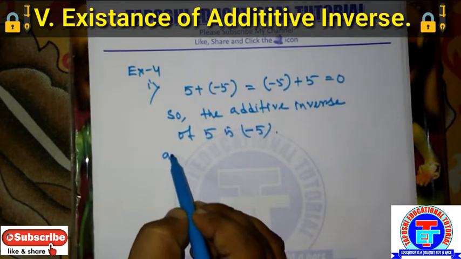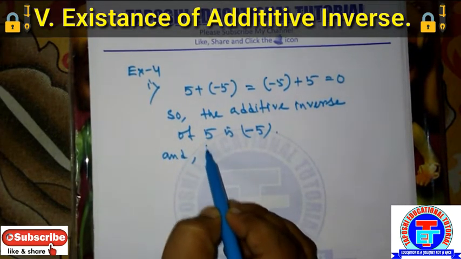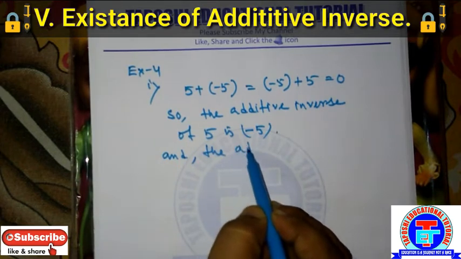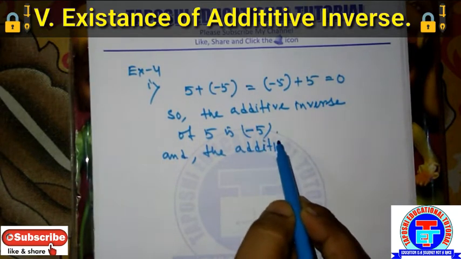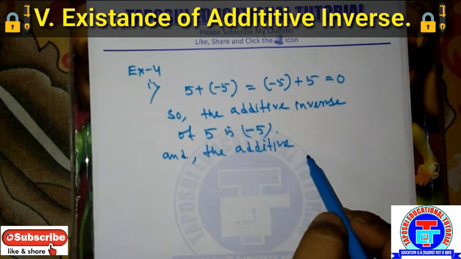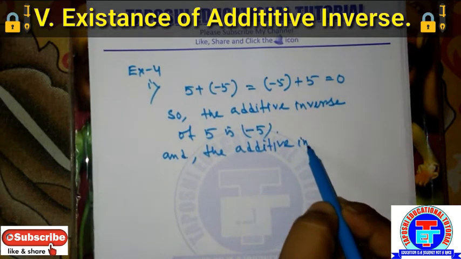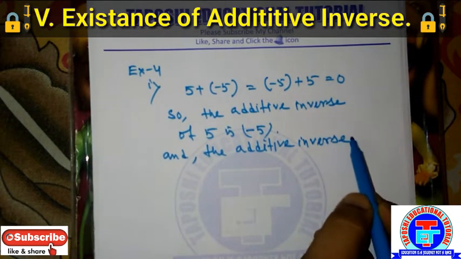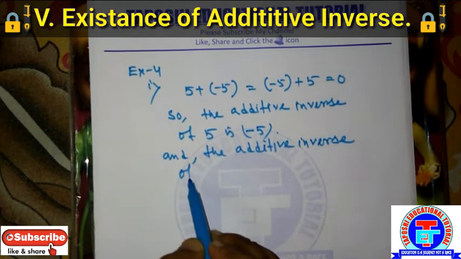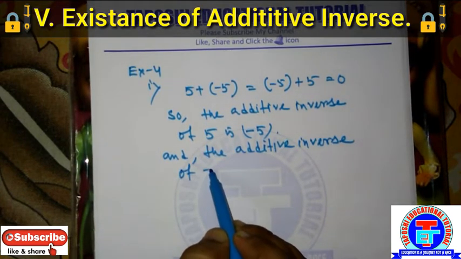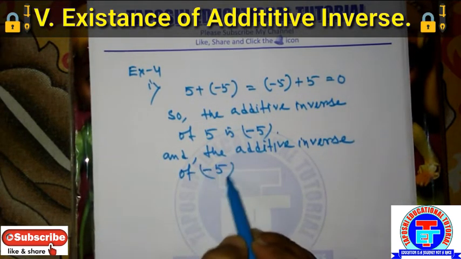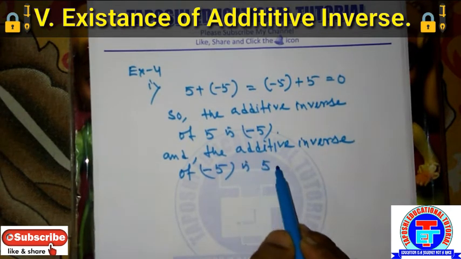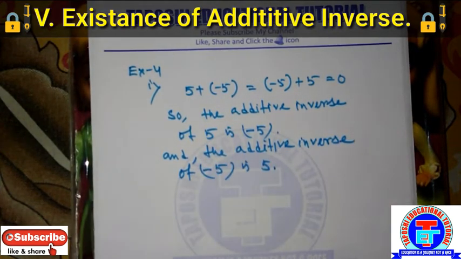And the additive inverse of minus 5 is 5. Clear, student? I hope you understand very clearly.